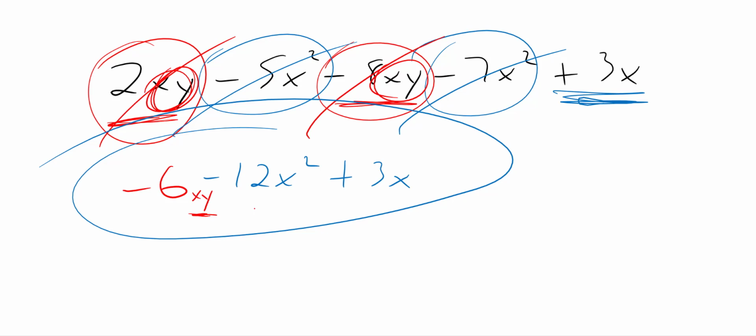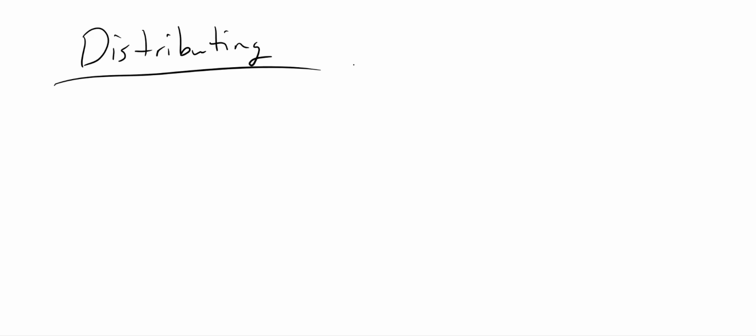So we got one more step here, and that's distributing. So let's talk about distributing. You guys have done that already. So in other words, if I said a negative in front of x plus 5.